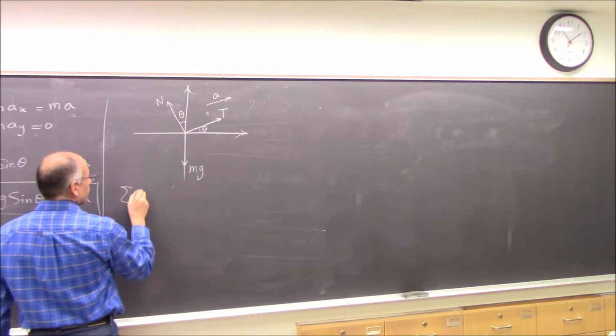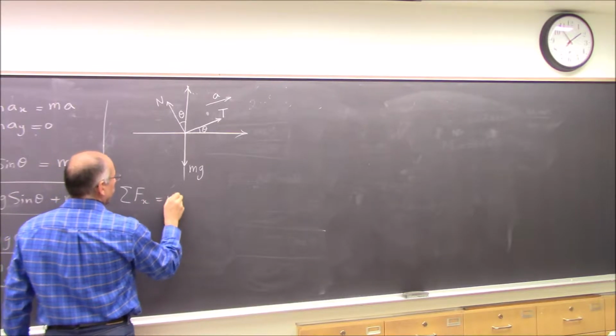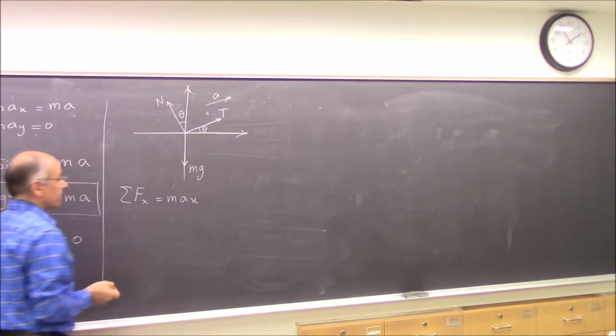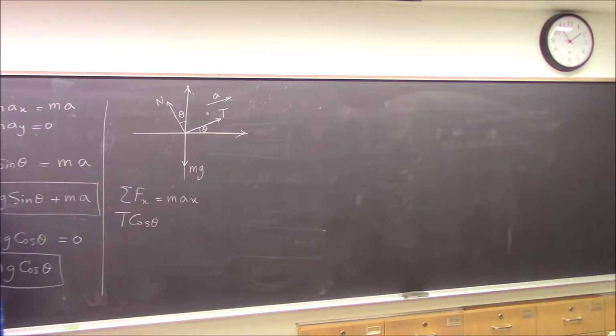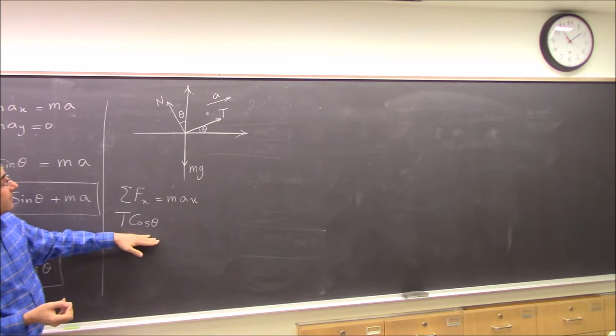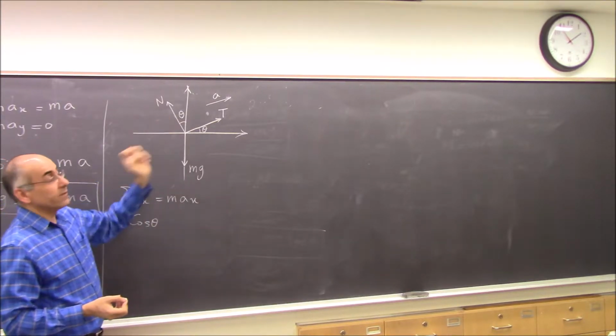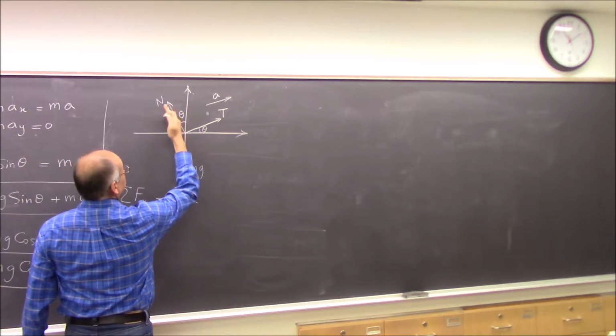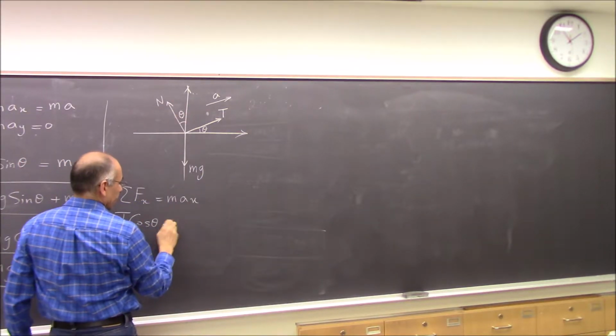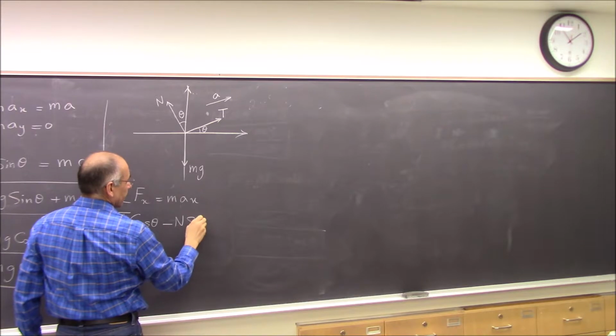Sum of Fx equals max gives you this. T cosine theta, right? I write in terms of magnitude and direction. The x component of T is T cosine theta. What is the x component of N? It is negative, and because it's not adjacent, negative N sine theta, right?